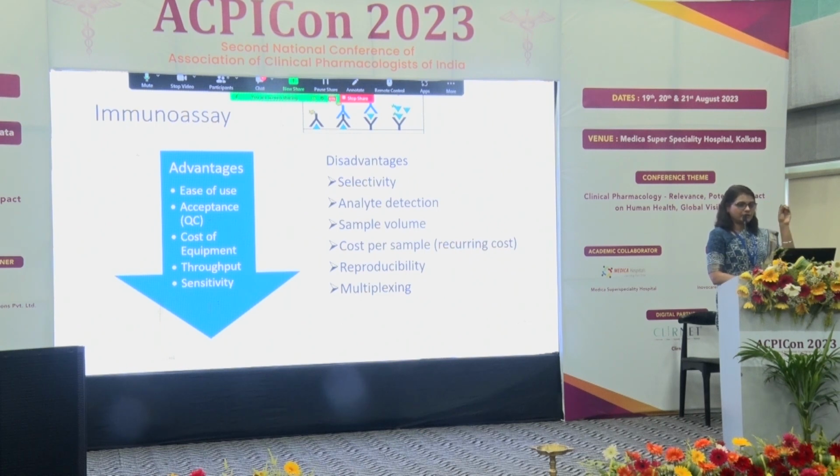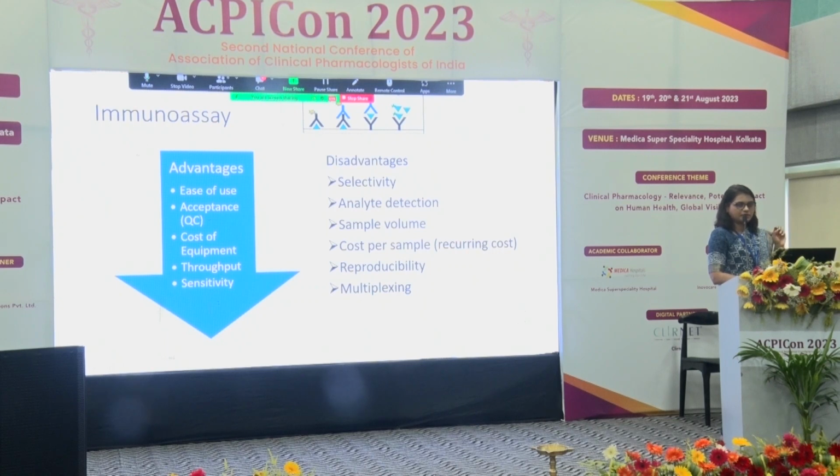For a biologic, you might go for a sandwich ELISA kind of method. This depends on how the kit is developed by the vendor, and what is coming out as more error-free and very validated for a specific test. So it's very easy to use.